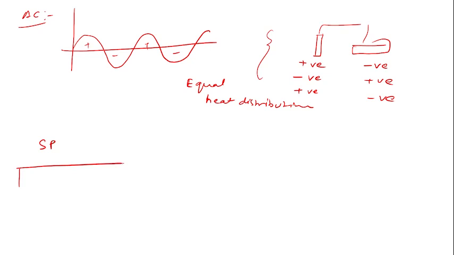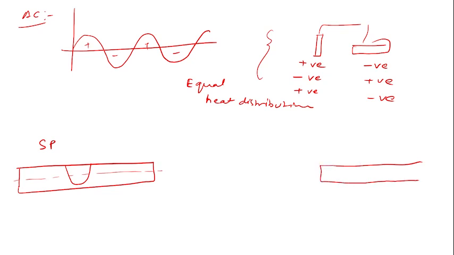So suppose straight polarity. In the straight polarity, your workpiece will have higher heat generation, so there will be higher depth of penetration in the straight polarity. In the reverse polarity, less heat generation will be at your workpiece, so depth of penetration will be less in the reverse polarity.